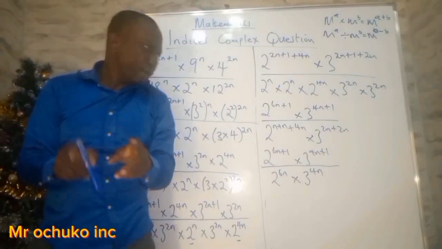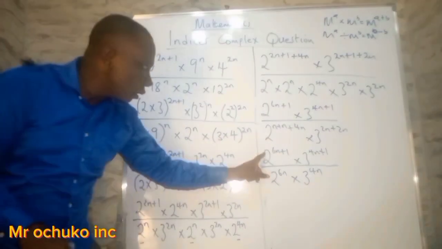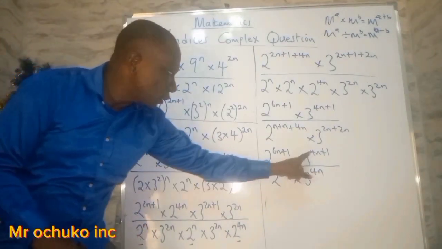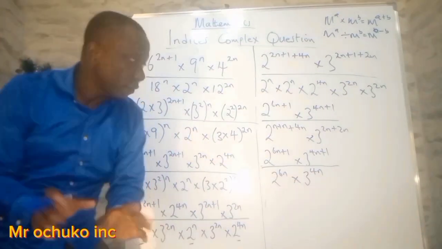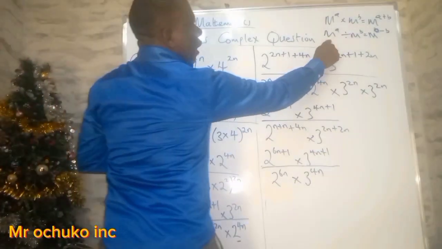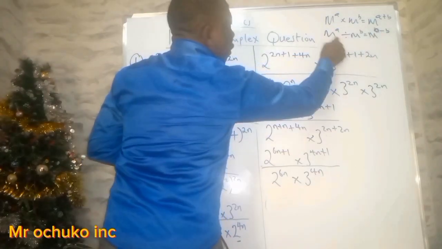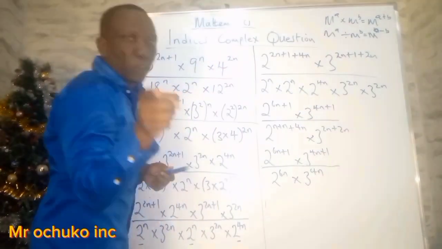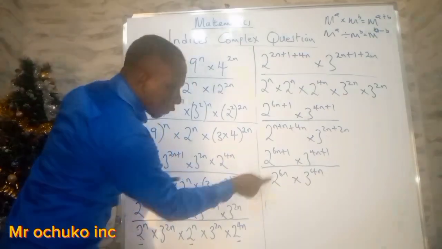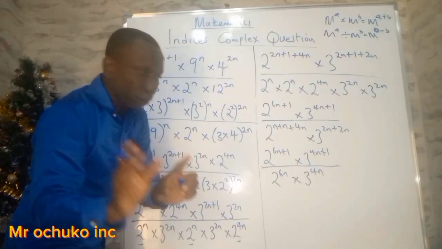Okay, now observe. You can see that we're almost there. This is divided by this. They are like terms. So I'm going to look at this second law: m raised to power a divided by m raised to power b, when the bases are common and you are dividing, you subtract the powers. Now, I want to put it in brackets to make it easy for you.